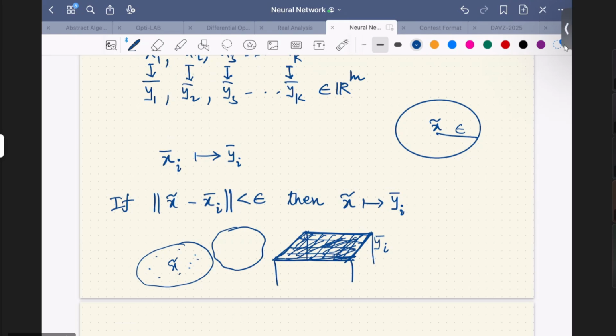What kind of x tilde is now associated with yi? It's not with xi tilde. It is with yi bar, that is sitting around xi.